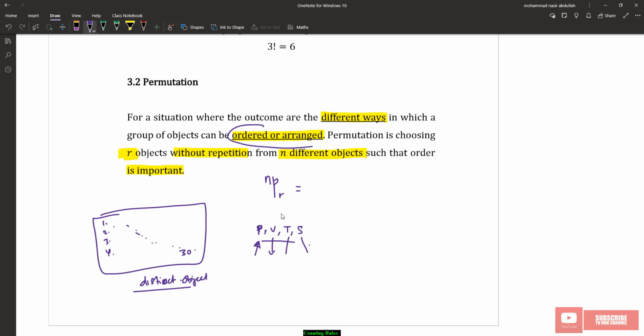It should be in order. It means it must be in order. I want to take 4 people from 30 students. The number of students is equal to 30. So I want to choose r equal to 4. I want to choose 4 persons out of 30 persons, with the condition that the ones I choose must be ordered or arranged, right?